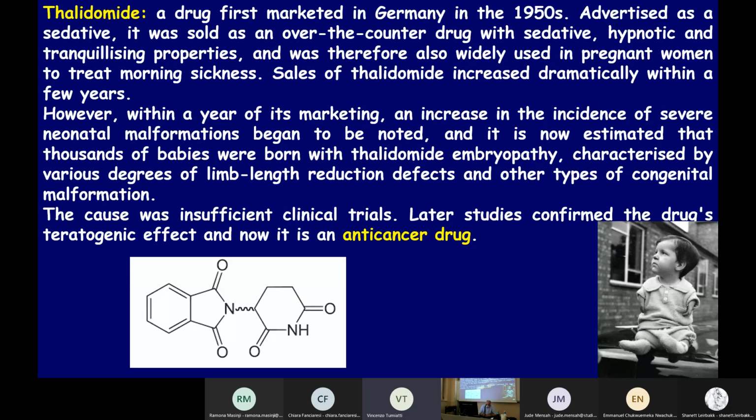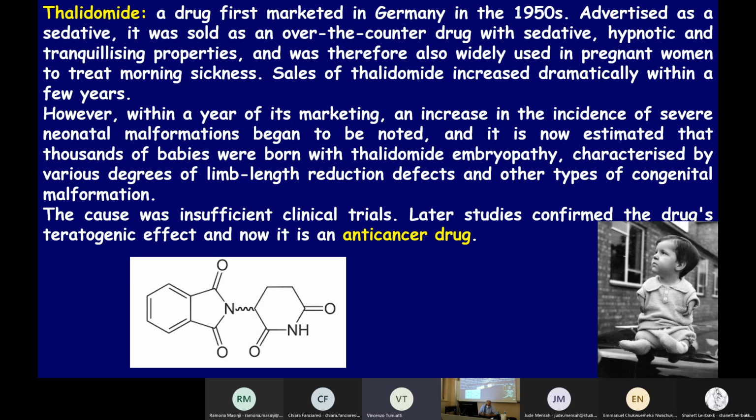There is an interesting story, an interesting example about this barrier. You can see in the picture thalidomide. Thalidomide is a painkiller drug, and during the 50s the use of this painkiller was very common.